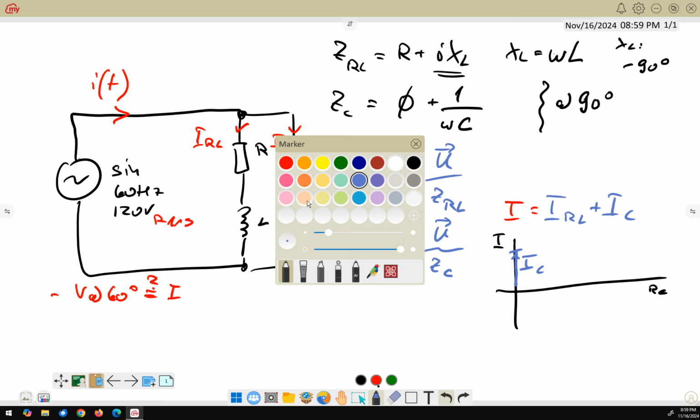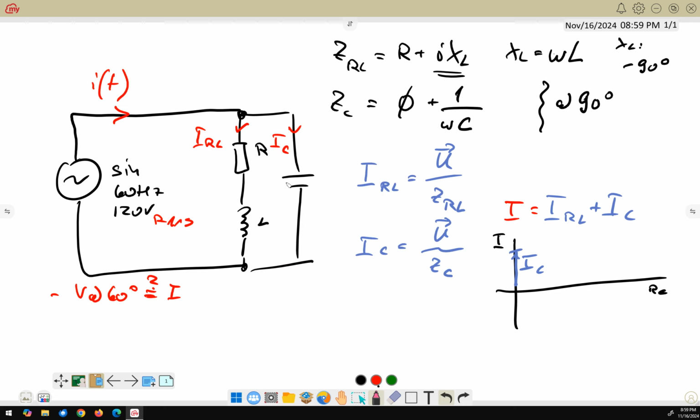Then we have the current through the resistor and inductivity part, IRL, and then at the end we get a resulting vector.